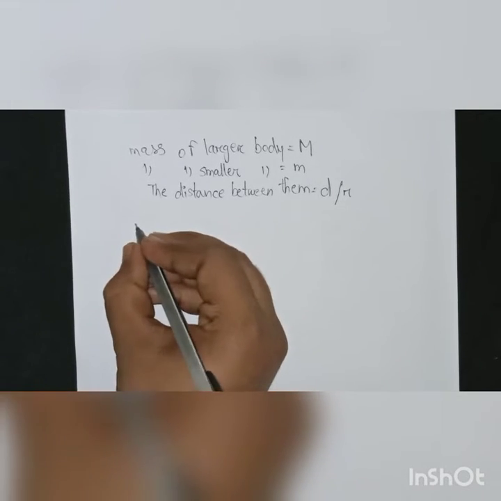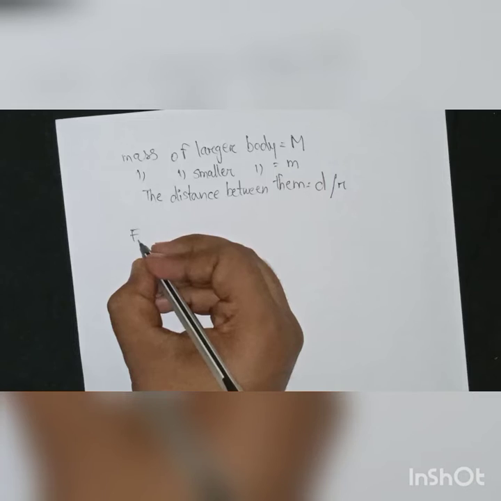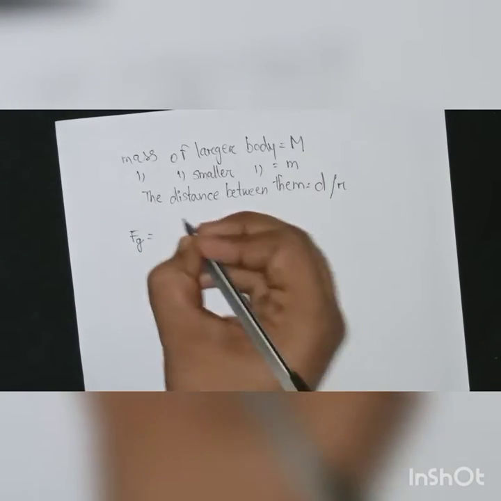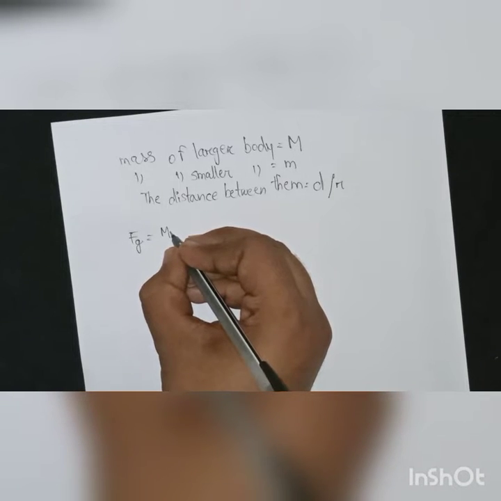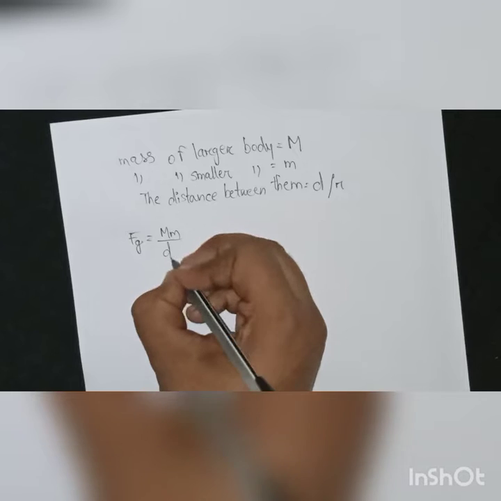So we can write that the force of gravity, which you can denote simply as F, or F subscript G, is equal to the mass of the larger body multiplied by the mass of the smaller body by d square.